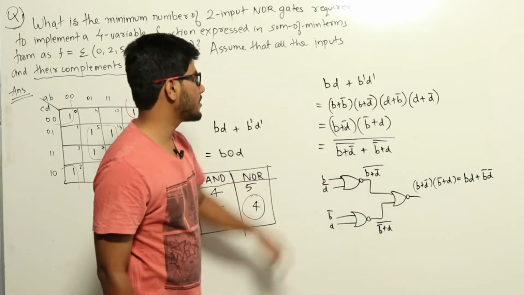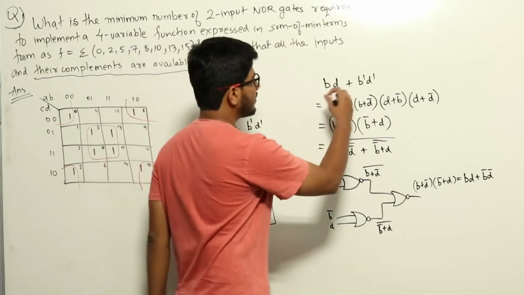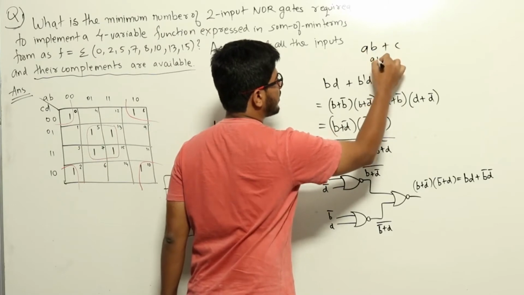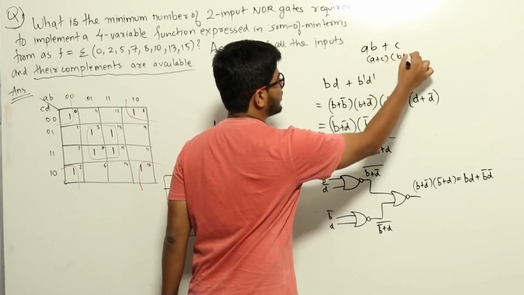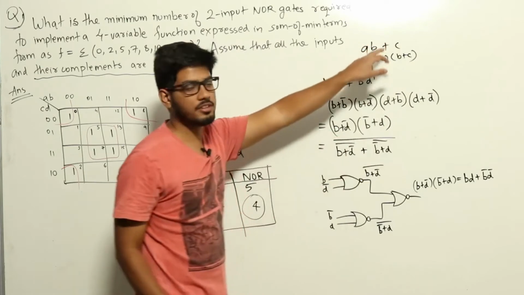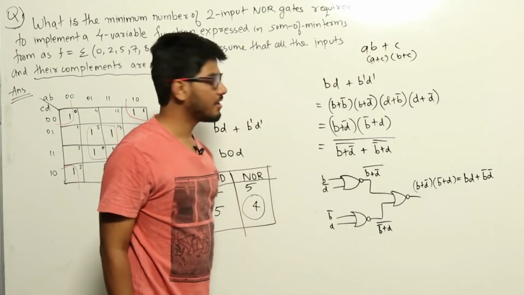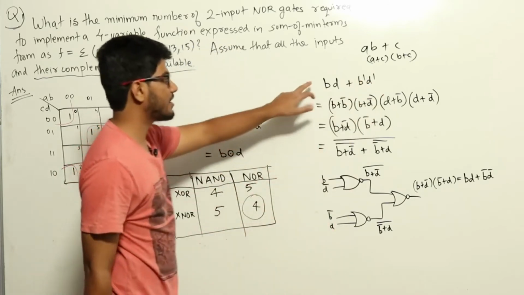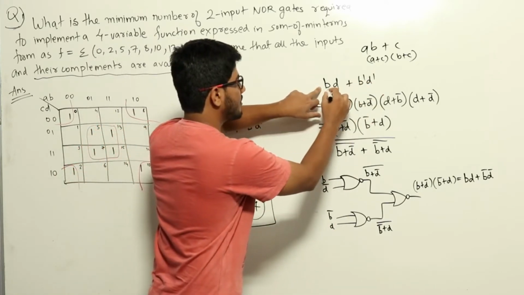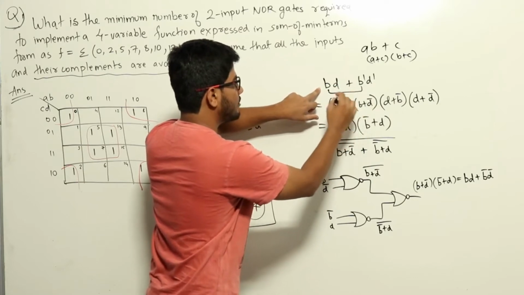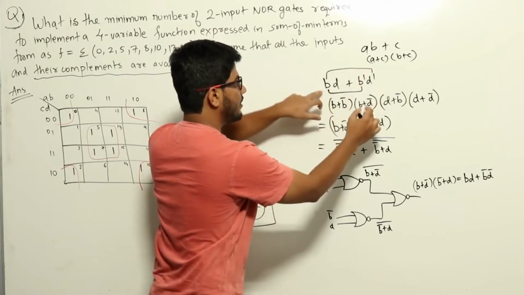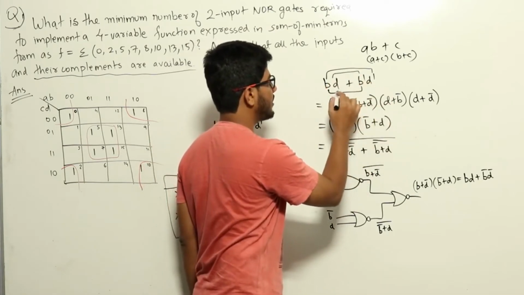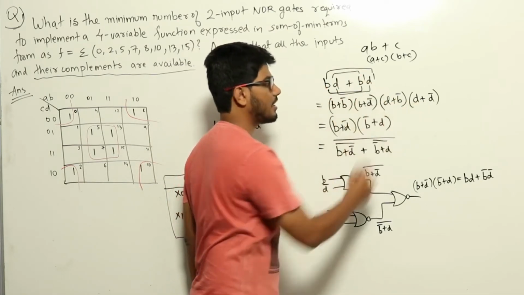So I will try to transform this function here. AB plus C, we can rewrite as A plus C into B plus C. So this is just the distributive law, distributing plus over star. Now the same thing, BD plus B complement D complement, I will rewrite as B plus B complement into B plus D complement into D plus B complement into D plus D complement.